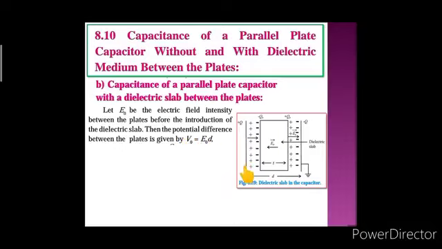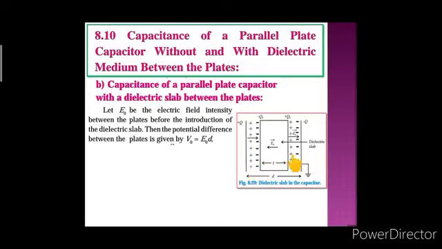That means over here we are just keeping these two plates parallel to each other separated by a distance D there, and hence we can state that electric field intensity E0 is there between these two plates, and over here we are not introducing any dielectric slab.